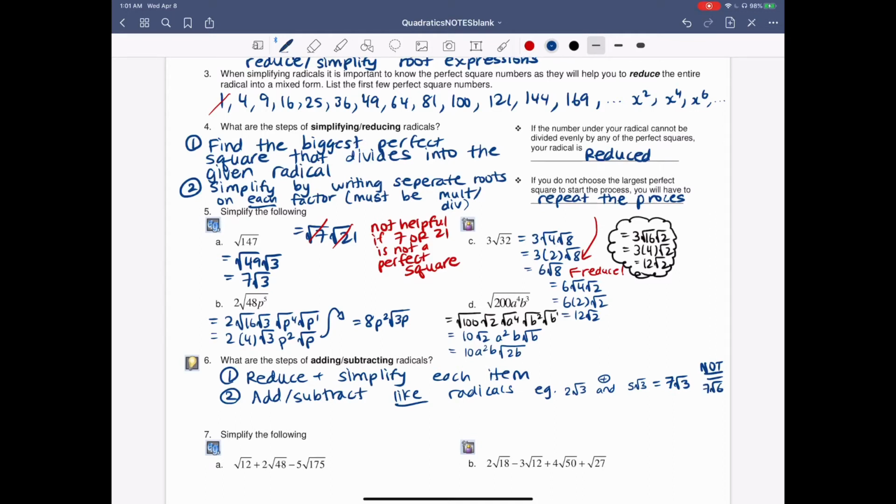The square root 3 is like the x, right? You're going to combine it so that it's like 2x plus 5x equals 7x. We're not going to suddenly say that the 3's are going to combine and say 7 square root 6. So we don't want that. When you are dealing with adding and subtracting, only the coefficient changes.